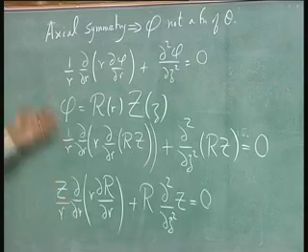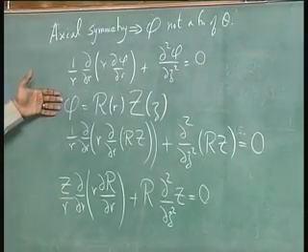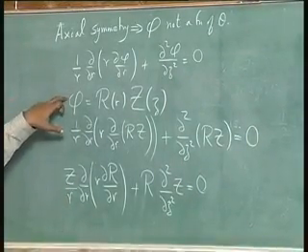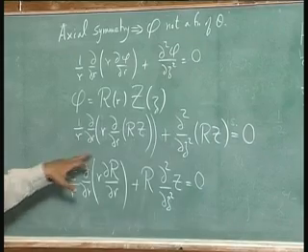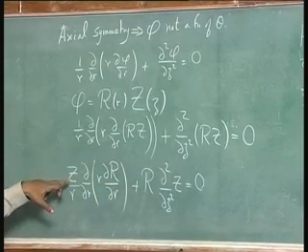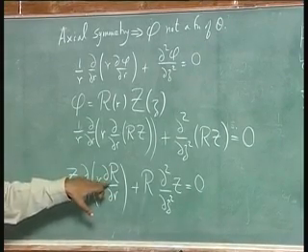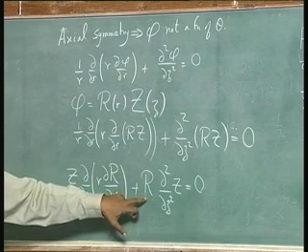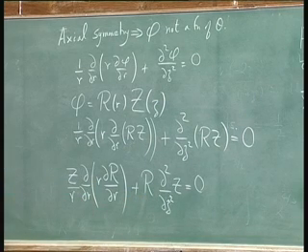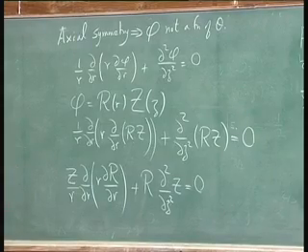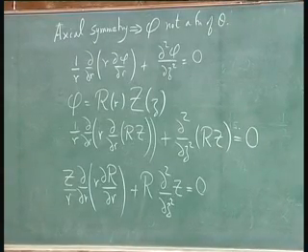Once again, we divide through by phi. The reason for dividing by phi is I still have terms which are dependent on both z and on r. I want to get the answer in the form of something that is a function of r plus something that is a function of z is equal to 0.